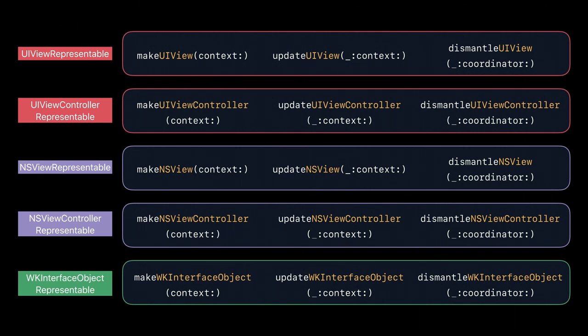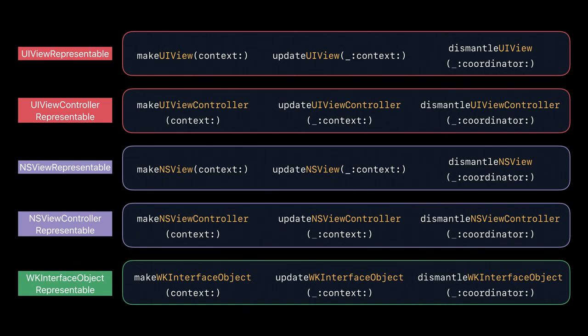For AppKit and UIKit, these protocols can be used to present views and view controllers in SwiftUI. For WatchKit, we can use the WK interface representable protocol to present a subset of WK interface objects in SwiftUI. You can look up the full list of supported WatchKit objects on developer.apple.com.